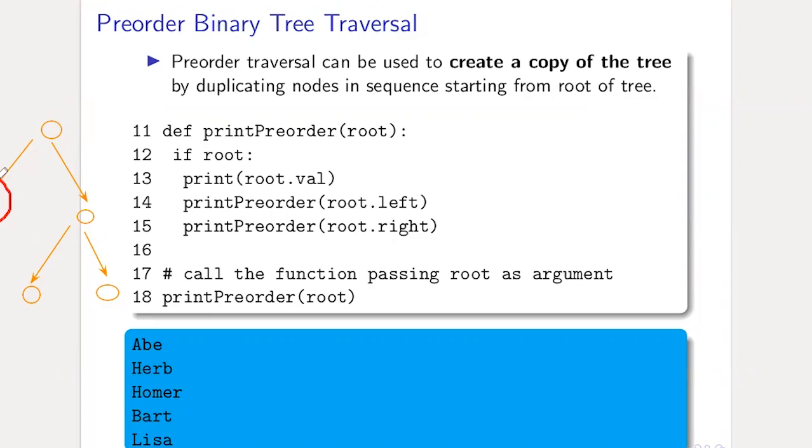So I'm again giving a tree. Of course, here it's only a single element, and then it will keep on doing that. Once it finishes going to the left, it will return.